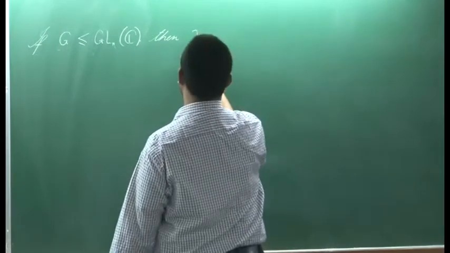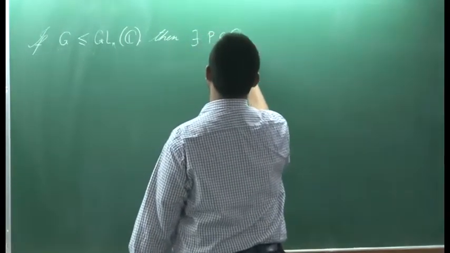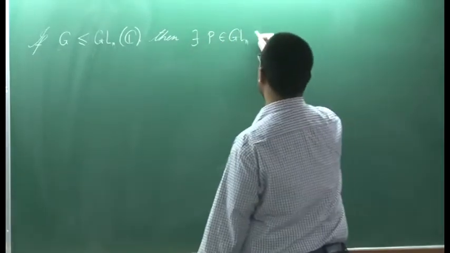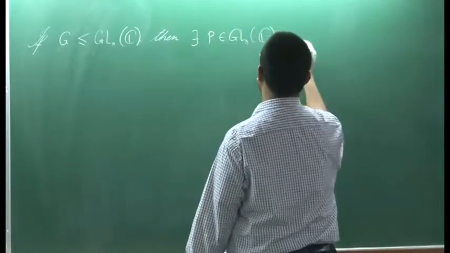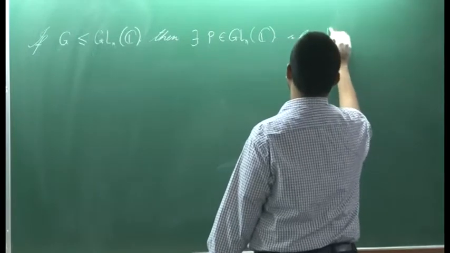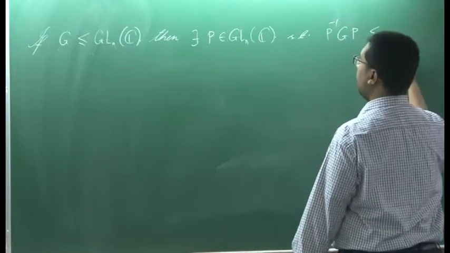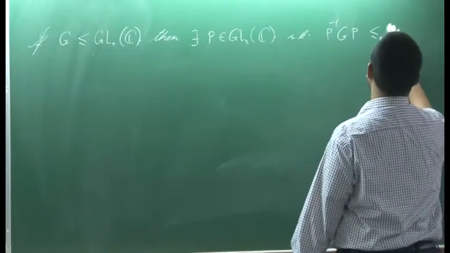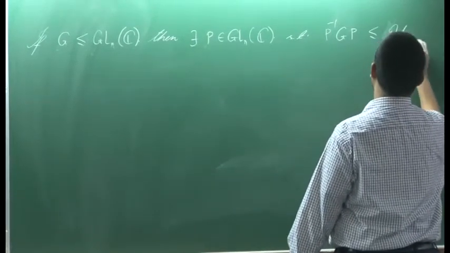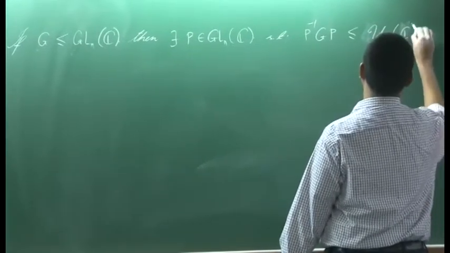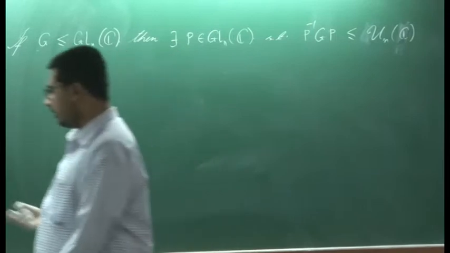So there exists an invertible matrix P such that P inverse G P is contained inside the group of all unitary matrices.